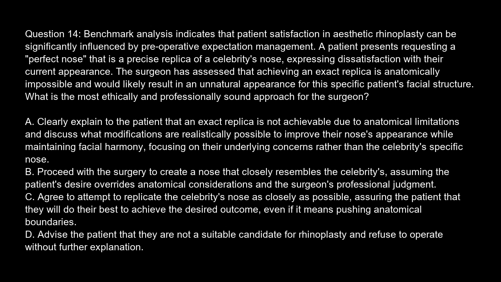Option C. Agree to attempt to replicate the celebrity's nose as closely as possible, assuring the patient that they will do their best to achieve the desired outcome, even if it means pushing anatomical boundaries. Option D. Advise the patient that they are not a suitable candidate for rhinoplasty and refuse to operate without further explanation.